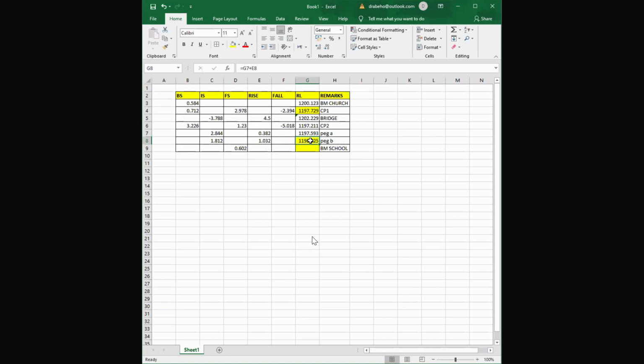But remember, like I said, we use the backside reading to establish the reduced level of the line of sight. That's the principle. So if you decide to do it this way between A and B, they are both intersights, the instrument station is the same, then you will add your rise to peg A and not to CP2.